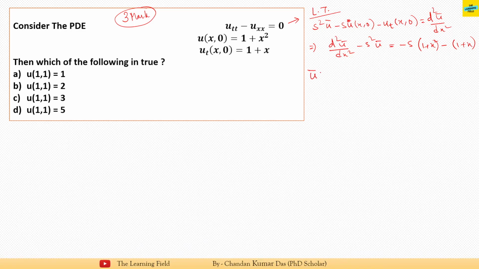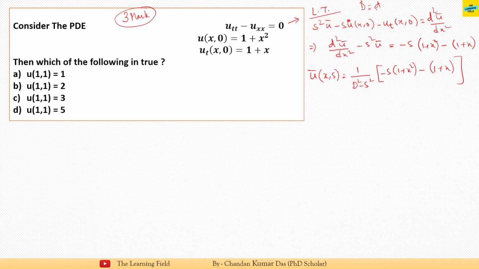If we take the Laplace inverse in x and s, this is equal to 1 by D squared minus s squared operating on minus s into 1 plus x squared, and similarly minus 1 plus x, and D is the standard operator.